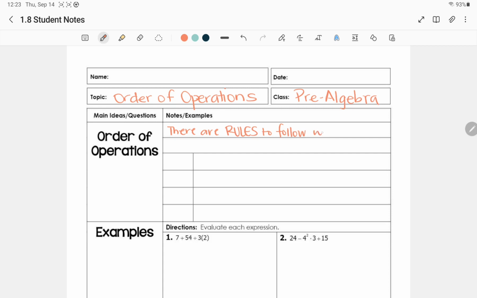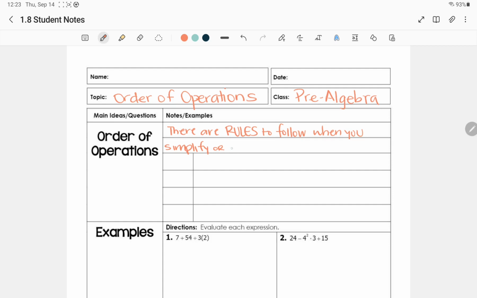When you simplify or solve, well, let's say solve, sorry, let me find my eraser button. There it is.